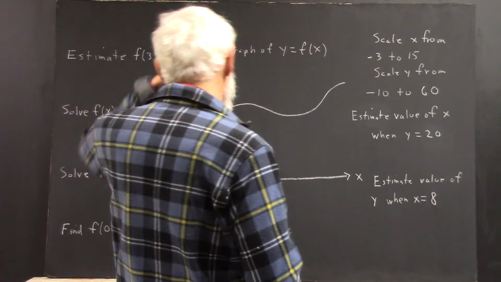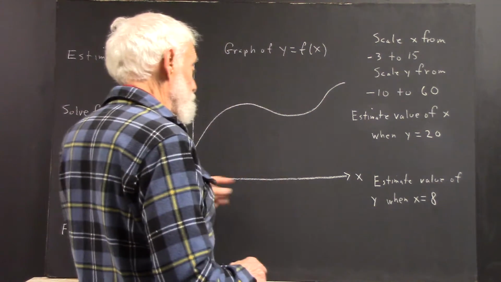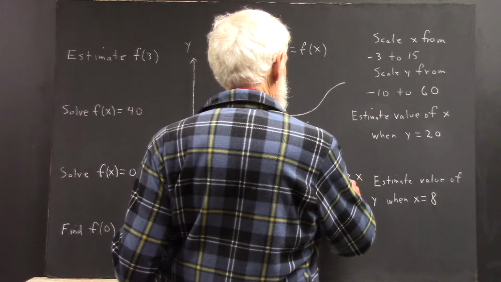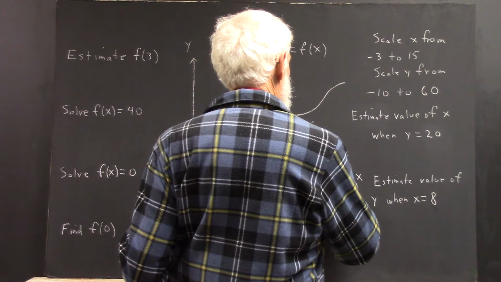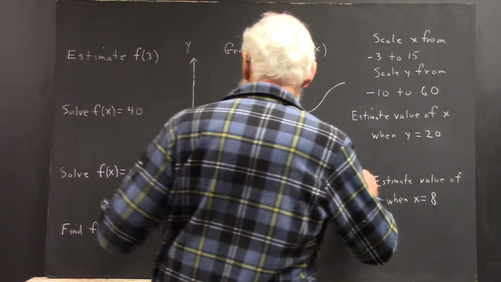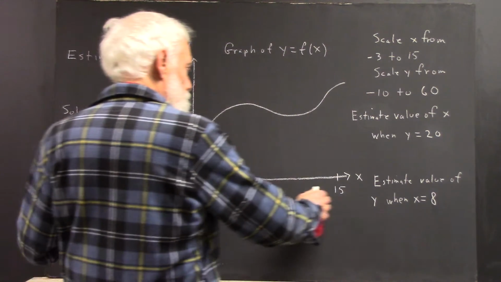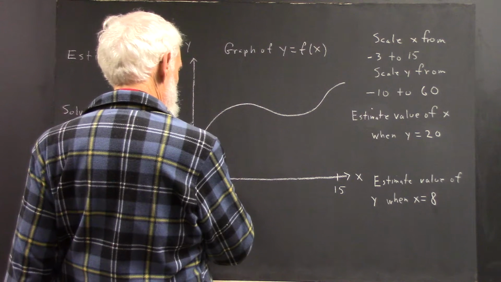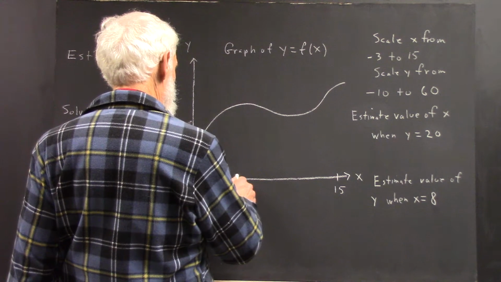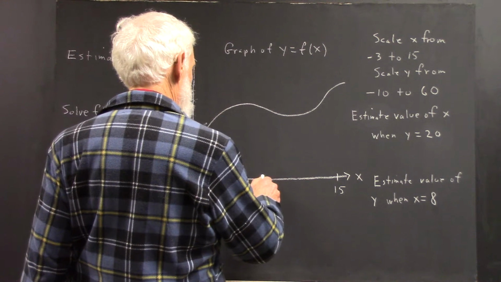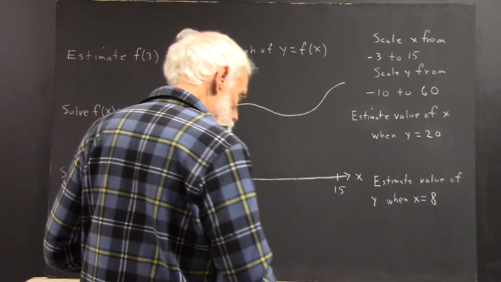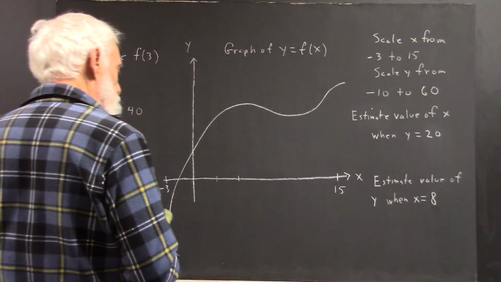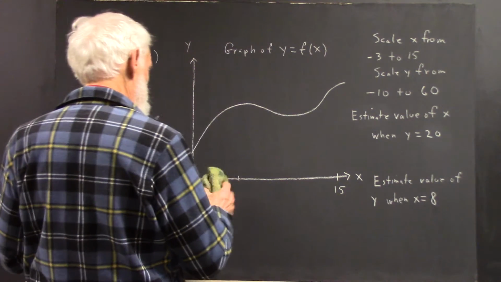And we continue the scaling by marking where x equals 15. So here's a scale that goes from -3 to 15. And then we're going to get 3, 6. Well, I'm marking those too close. I'd better be a little more careful how I scale this thing.